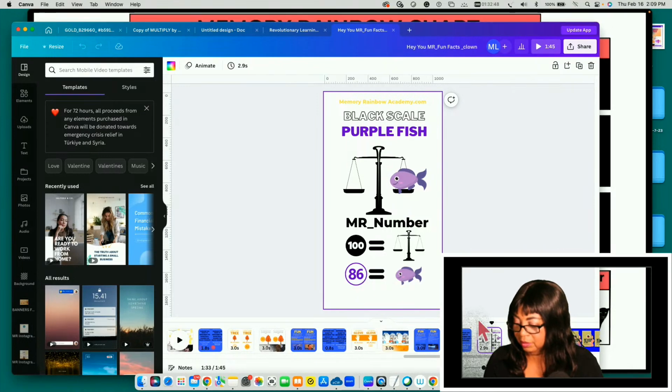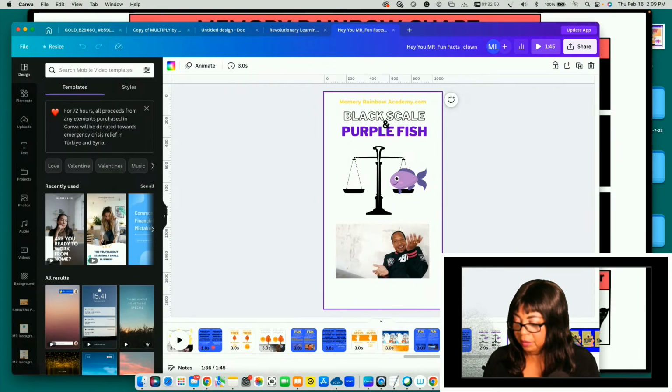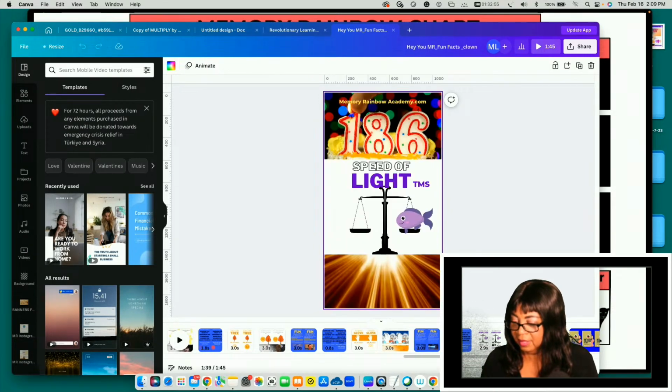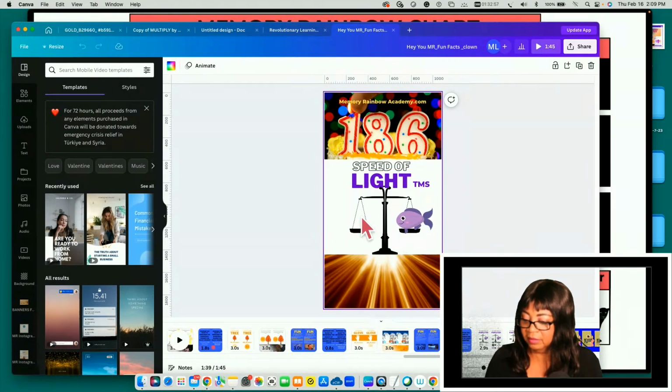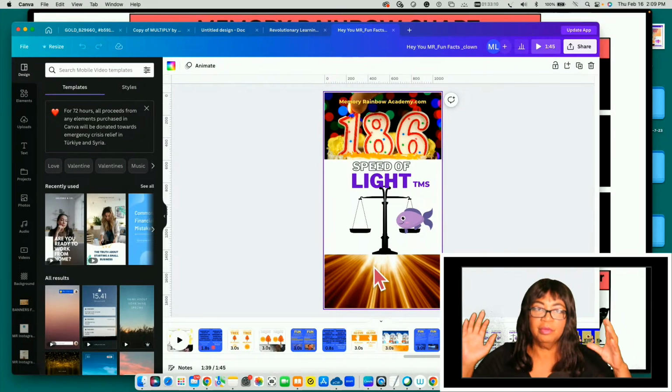So you're going to see the way I put it together. He's weighing it right here. And you're going to see the black scale with a purple fish on it. And you see this light hitting it, right? And you can think of the lightning going through the fish, and maybe burning the fish if you want.